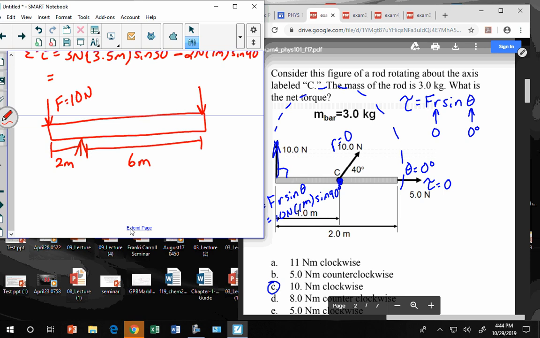I just set them equal to one another. 10 times 2 has to equal the new force times 6. And that force would be 20 divided by 6, or 0.03? No, 3.3. Is that right? Yeah.